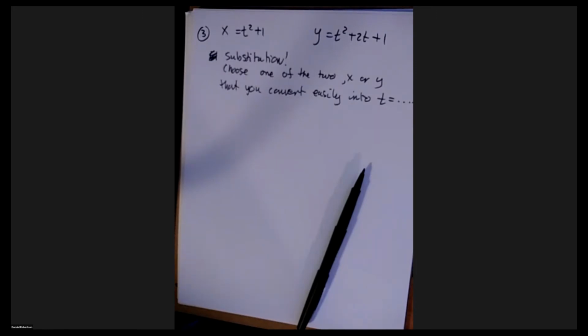So I'm looking at the two equations. x equals t squared plus 1, and the other one is y equals t squared plus 2t plus 1. One of those equations I can turn into a t equals without too much trouble. And the other, I don't even want to go near. Which one of those two is the easiest to convert?